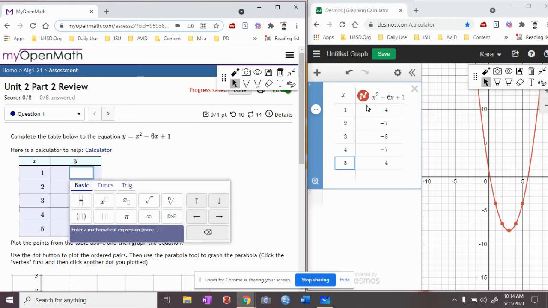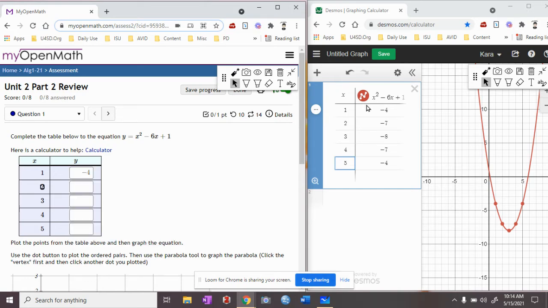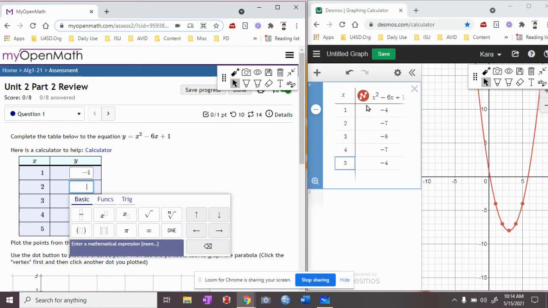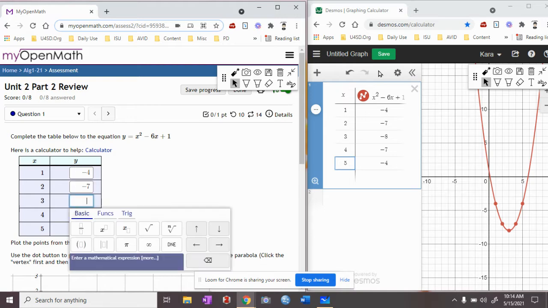So here I'm just going to put that -4, because if I do 1 squared minus 6 times 1 plus 1, I get -4 as the answer. Same thing, if I put in 2, I get -7 as my answer. And then we get -8.